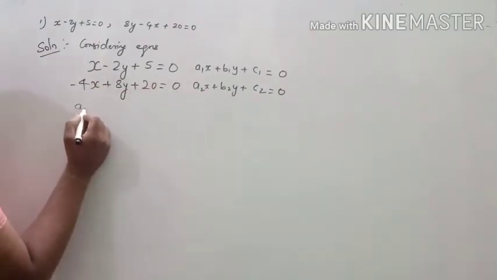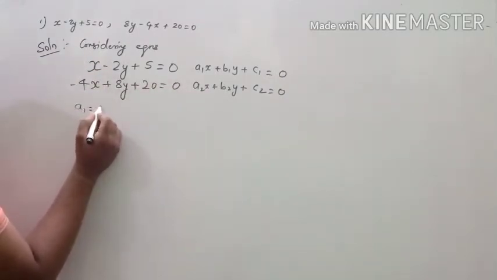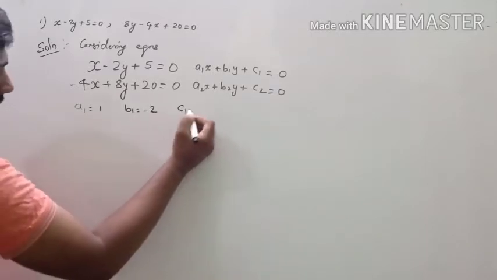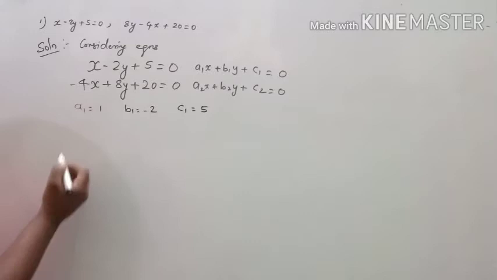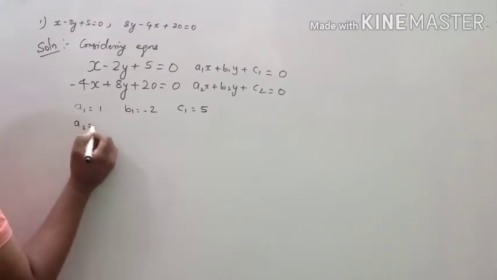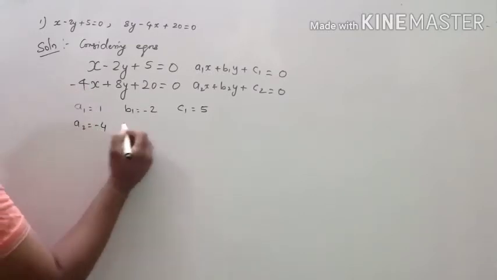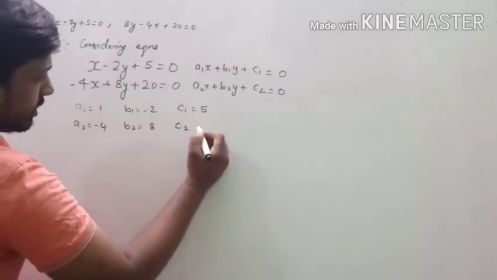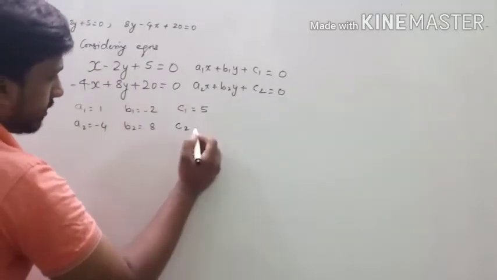Here a1 is equal to 1, b1 is equal to minus 2 and c1 is 5. a2 is minus 4, b2 is 8 and c2 is 20.